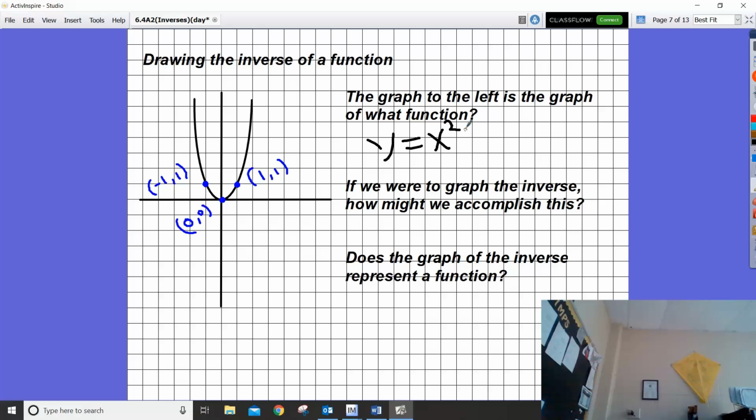Now, graphing the inverse is actually pretty simple. You don't actually have to write the equation out. What's the first step in actually writing inverse equations? X and Y swap. Same thing with graphing. Swap the x and y values.